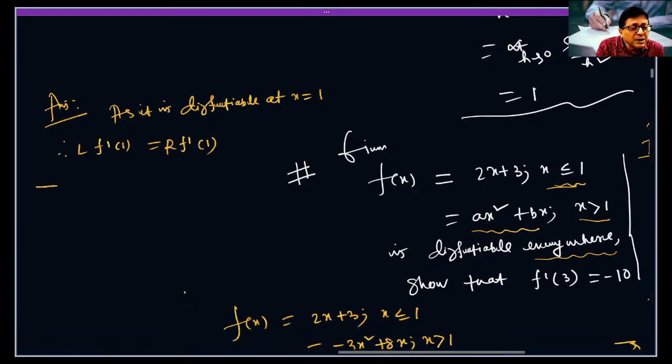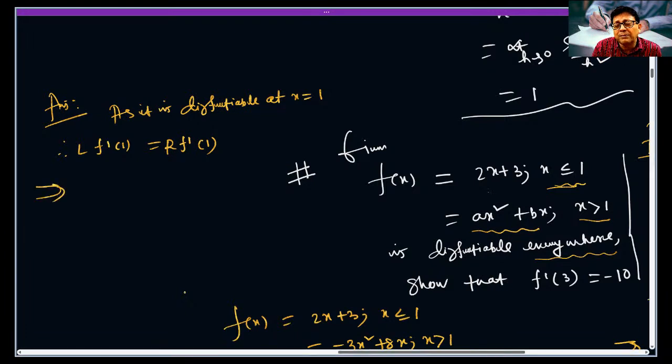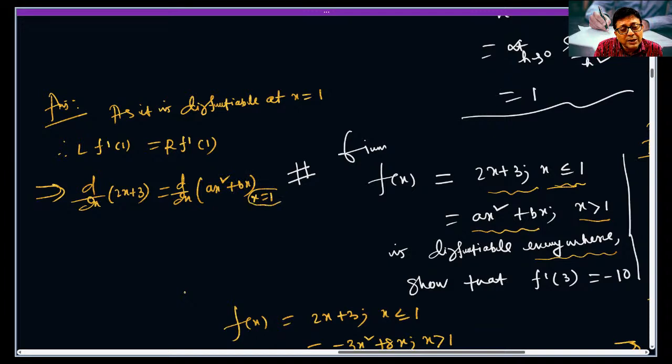But here I will find f dash 1 by direct differentiation. d/dx of 2x plus 3, and d/dx of ax square plus bx at x equal to 1.